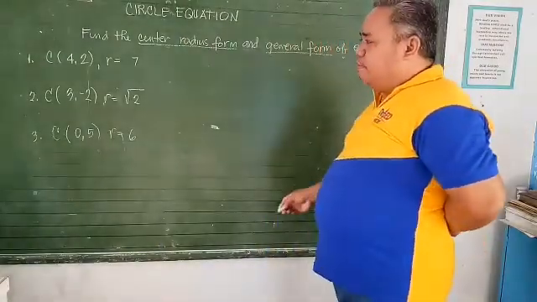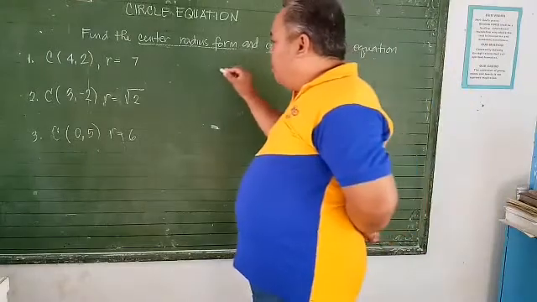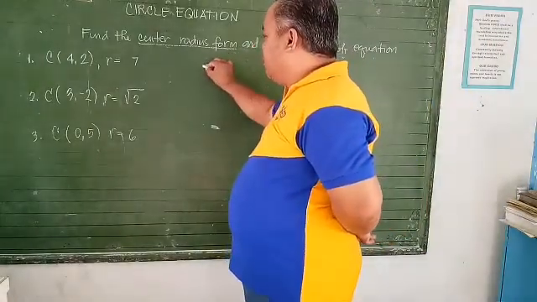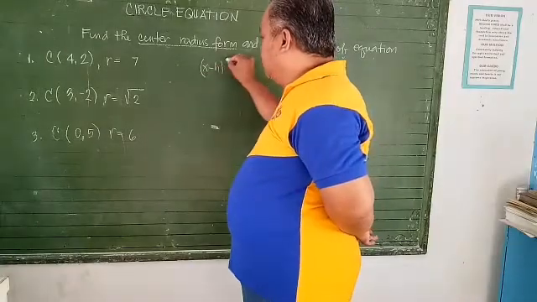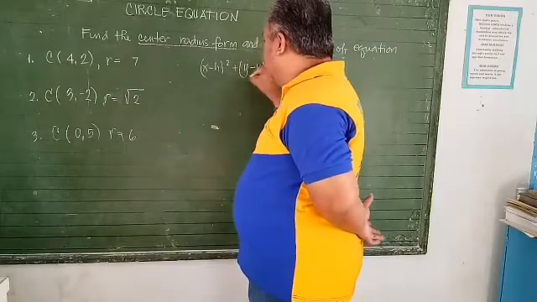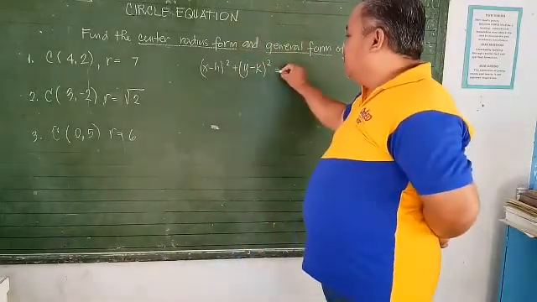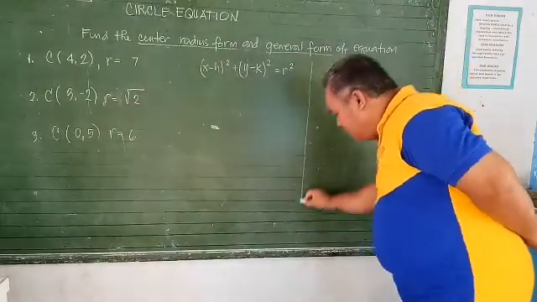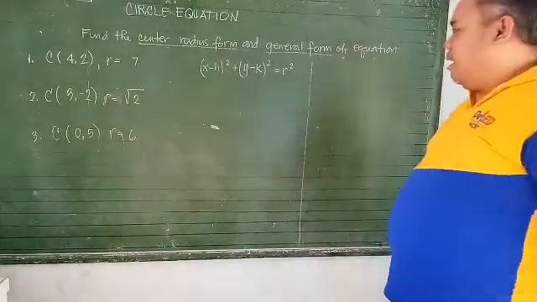So, let us begin. Let us find first the center-radius form, followed by the general form of equation. Okay. Now, all you have to do is write first the equation for the center-radius form. That is (x - h)^2 + (y - k)^2 = r^2. Kasi you are looking for the center-radius form.